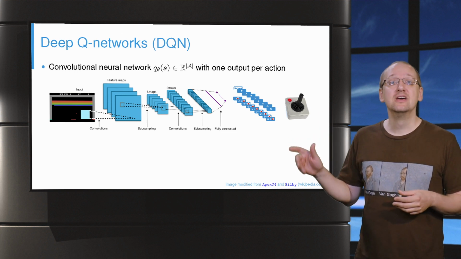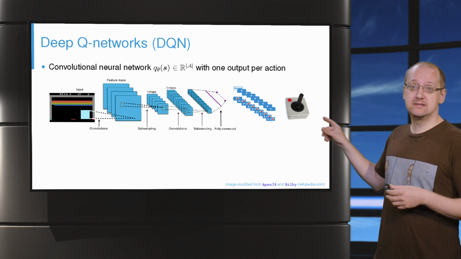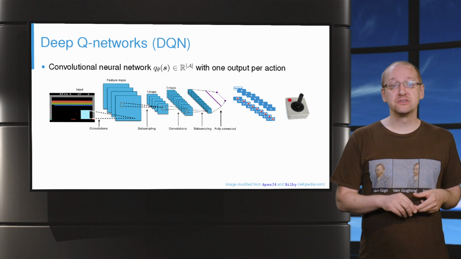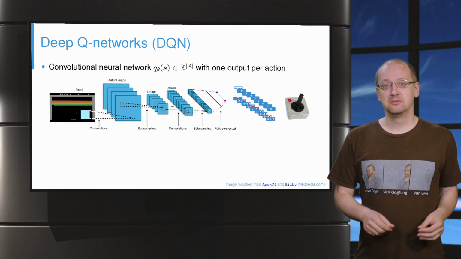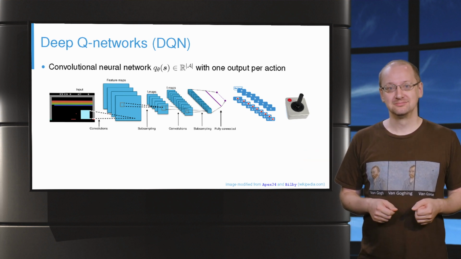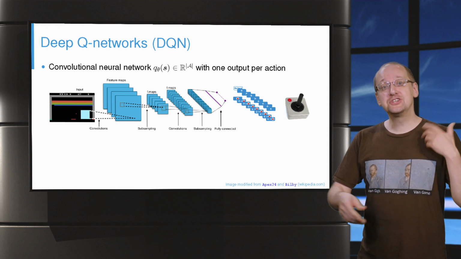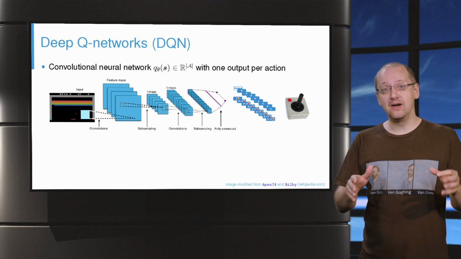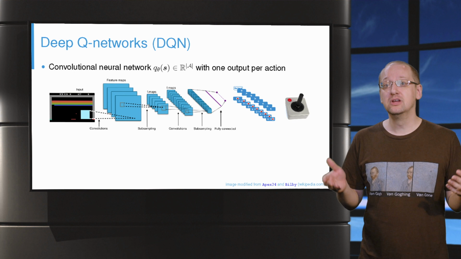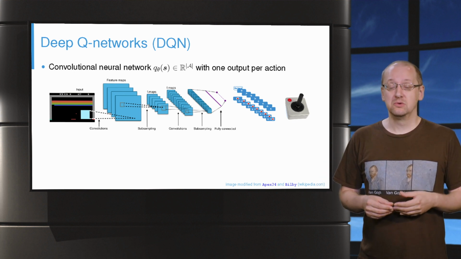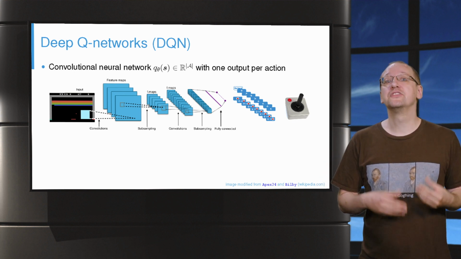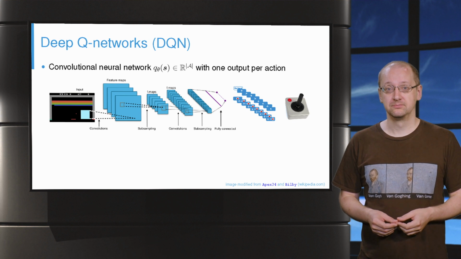For Atari games, this is moving the joystick in 8 possible directions with or without pressing the red button. We will interpret each of these outputs as the Q value of the corresponding action for the input image, which we interpret here as the state of the system.